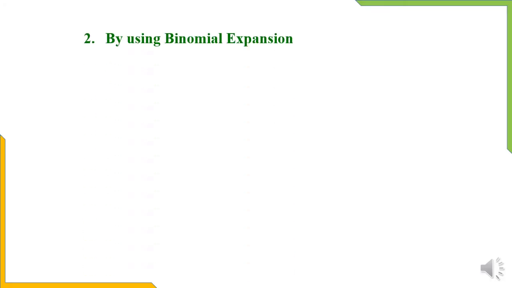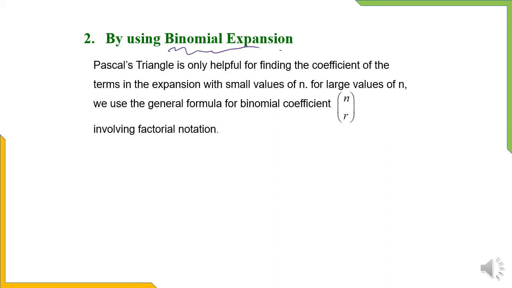The second method to find the binomial expansion is by using the binomial coefficient formula. Pascal triangle is only helpful for finding the coefficients of the terms in the expansion with small values of n. Because if you want to find for a larger value, we need to do it from scratch, which means that we have to start from the top one.